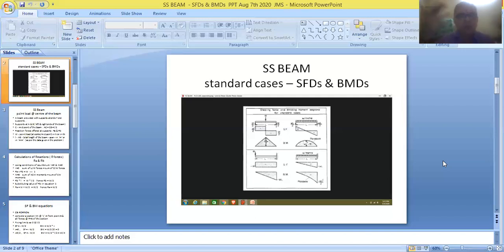Ultimately, how to construct the SF and BM diagrams. All that we have discussed in this particular session.